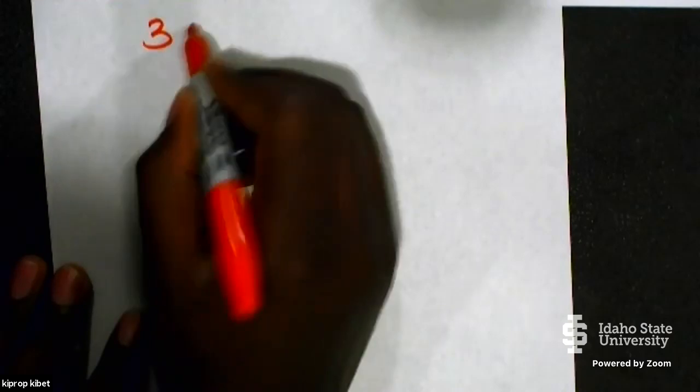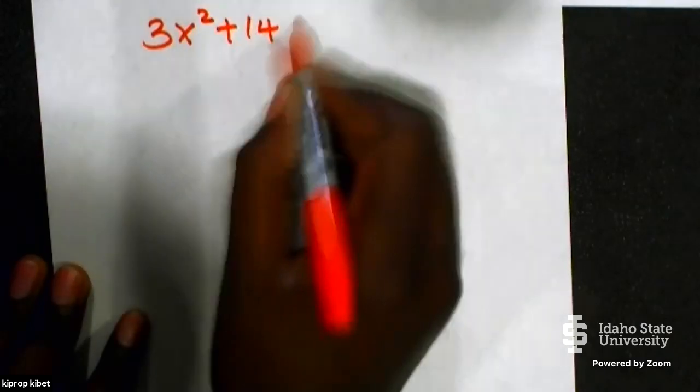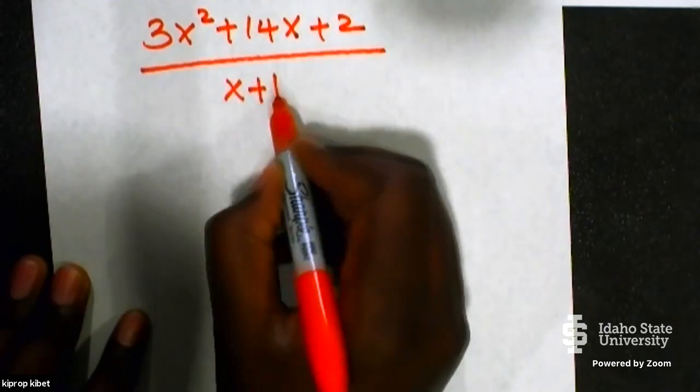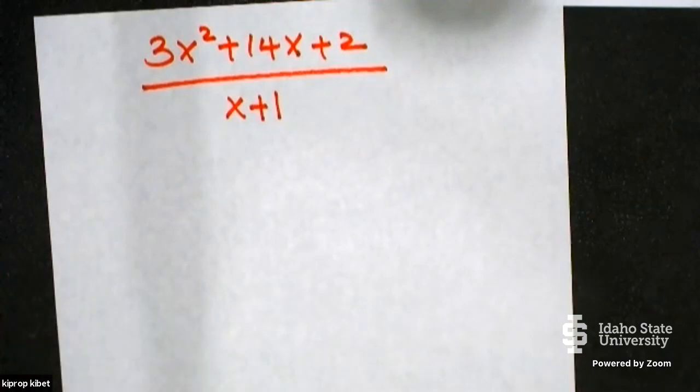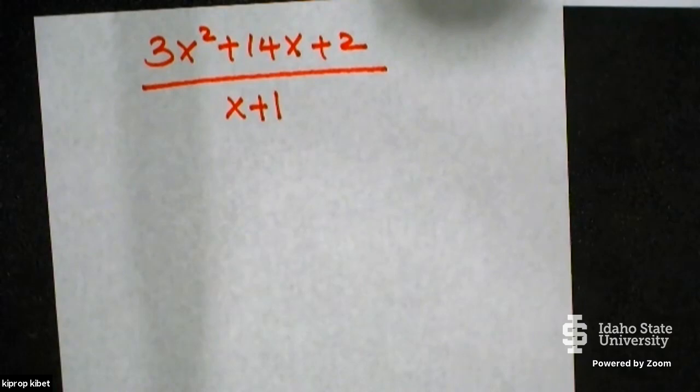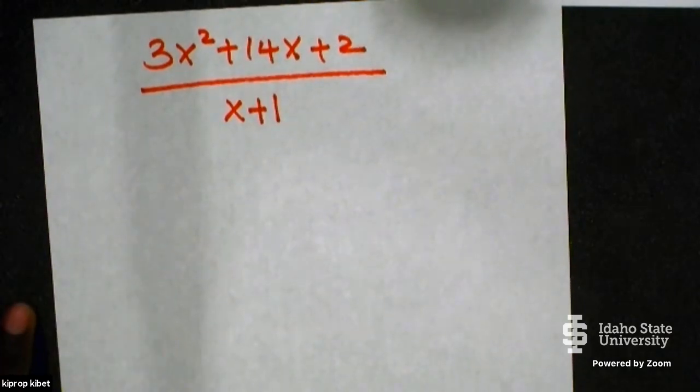Example number 1. Determine the values for which the rational expression 3x squared plus 14x plus 2 all over x plus 1 is undefined.